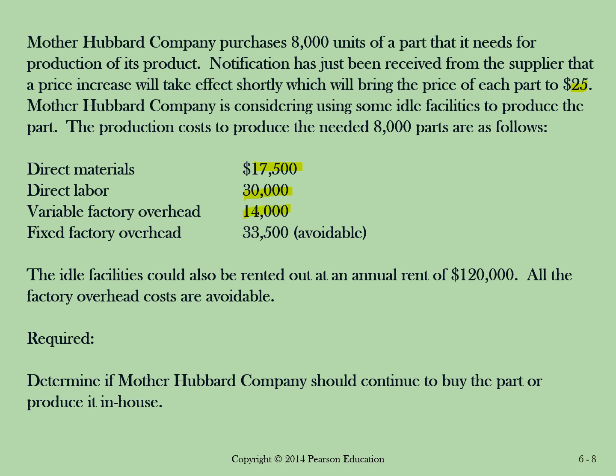And take care about this part, which is fixed overhead, $33,500, but you have to take care that it's totally avoidable. In this case, if we go through these parts only, we will multiply the 8,000 by the $25 per unit and compare the result with the summation of these 4 items.